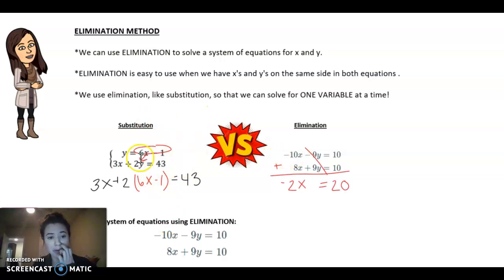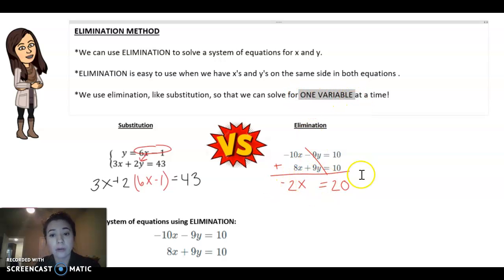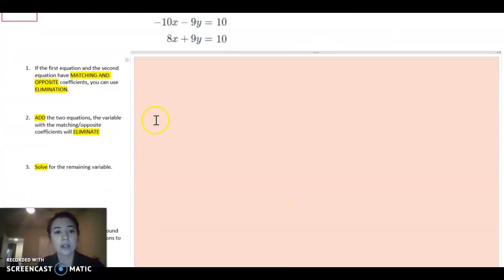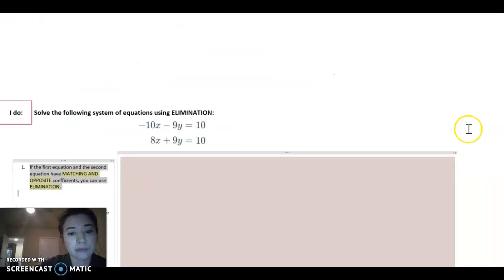With elimination, you can see that both equations have x and y on the same side. It doesn't say y equals or x equals. By eliminating these 9's, we're left with only x. So similarly, we can solve for one variable at a time. From here, we can find what x is, and that's what we're going to go into in this problem.